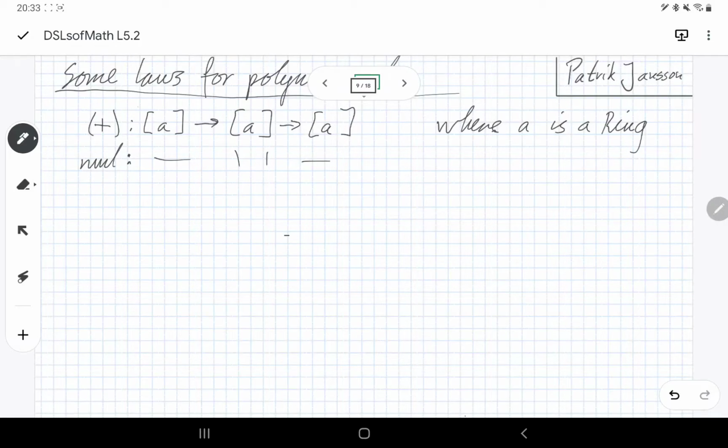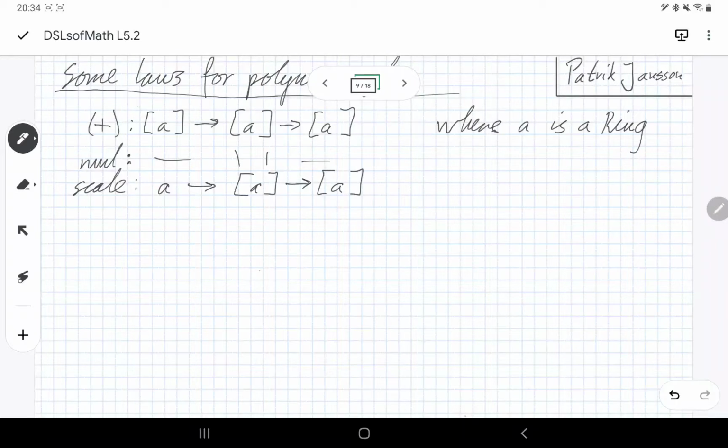And I will have one other asymmetric operator, and that's scaling. So let's use scale, and that takes an A to a list A to a list A. And scaling, that's what you might imagine. If I scale by 2, all the coefficients should become twice as big.